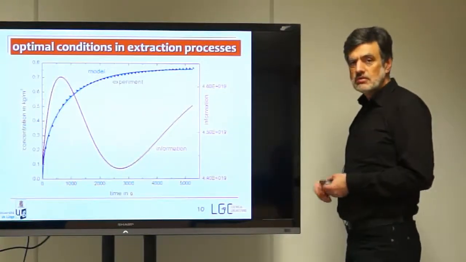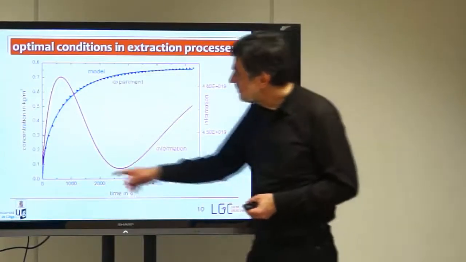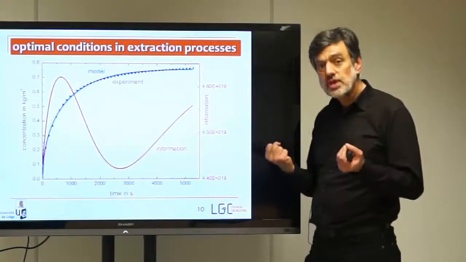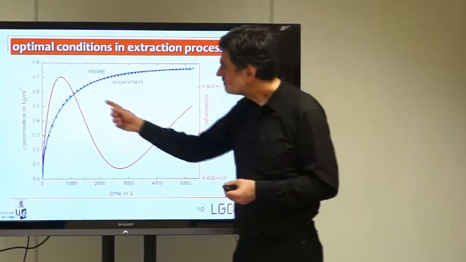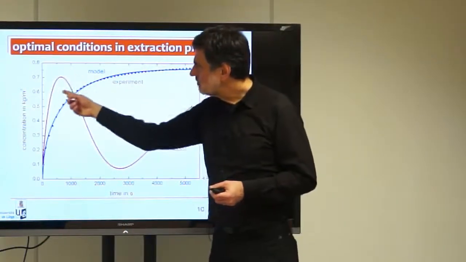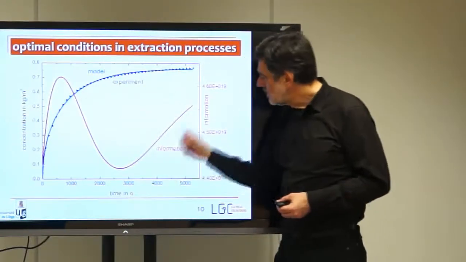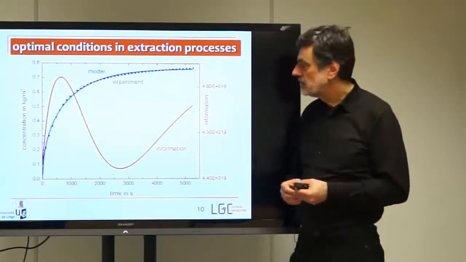And now if you evaluate the Fisher information, you obtain a curve, a red curve, which is shown here. You see that there are more or less two regions where you should perform your experiments. That's what the curve tells you. You should perform experiments over here because there you have the maximum information, and also in these regions, as before, as a function of extraction time.